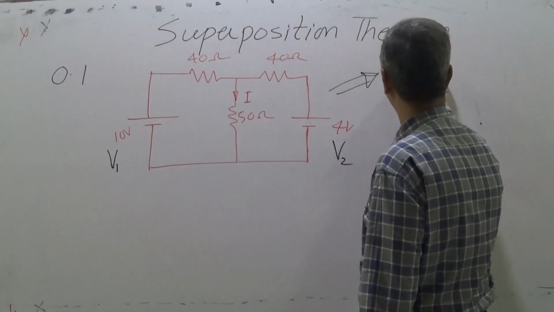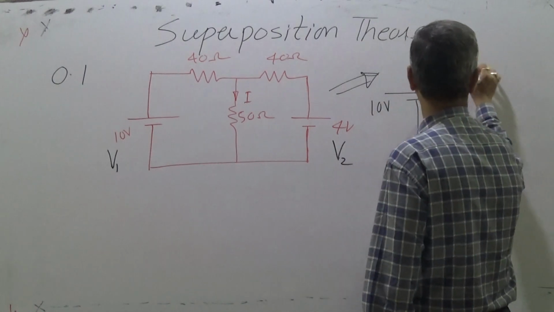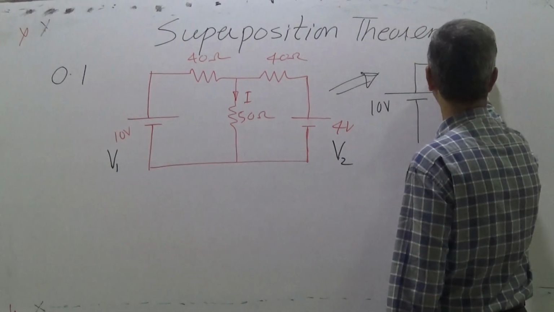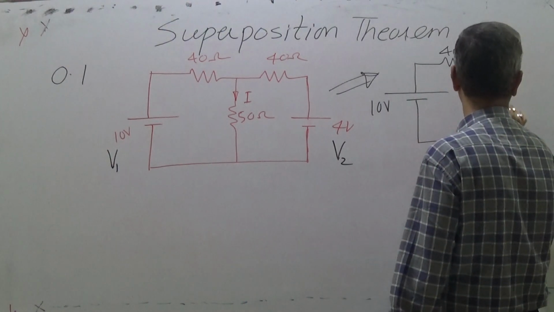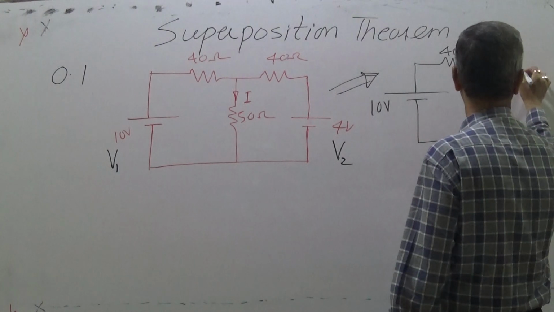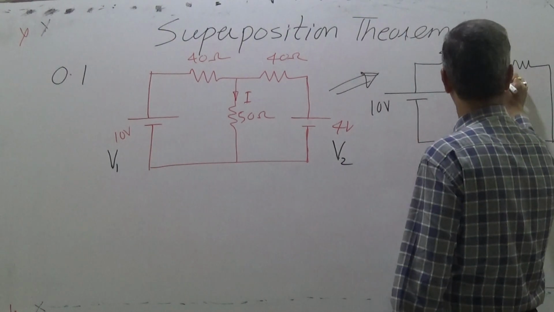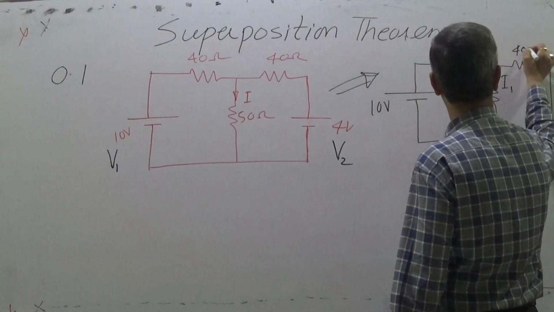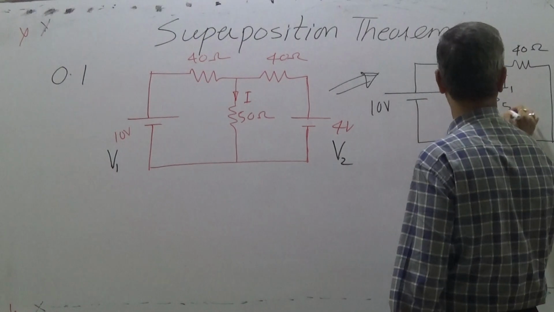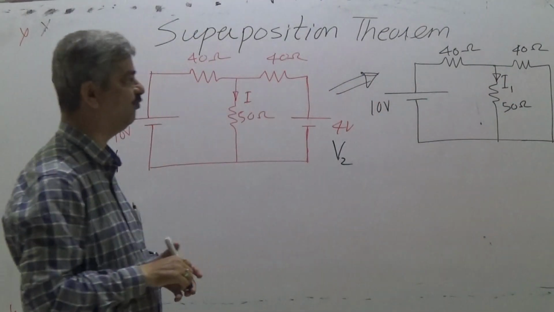Then 10 volt, 40 ohms, this short. This we call I1. This 40 ohms, this 50 ohms. This we call I1.